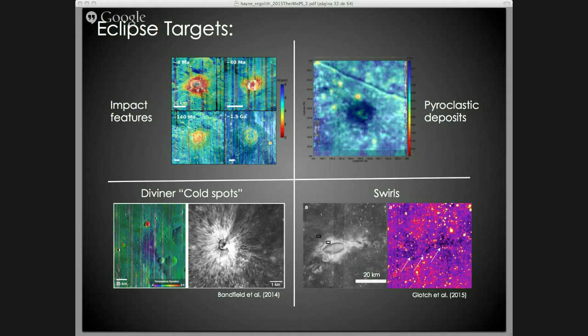So these, what we're calling cold spots, were discovered by Diviner and never would have been known except for the thermal data. So around some impact craters, not all of them, there's this huge, extensive region of fluffy materials. You see them as anomalously cold regions at night.